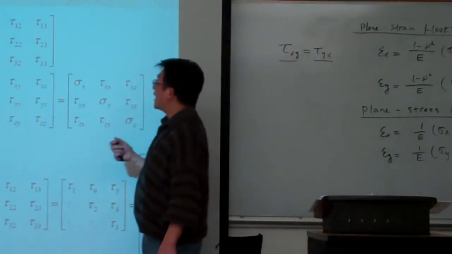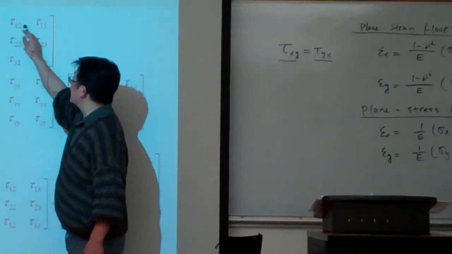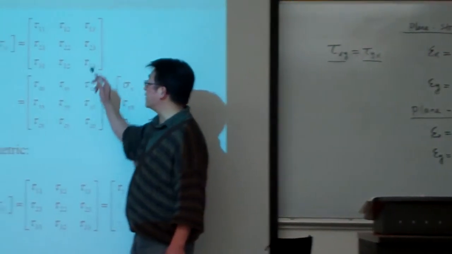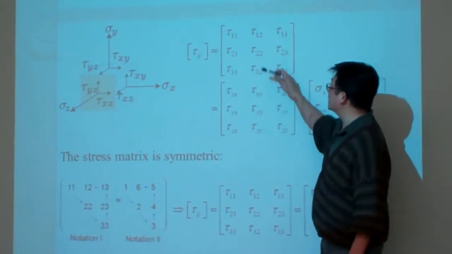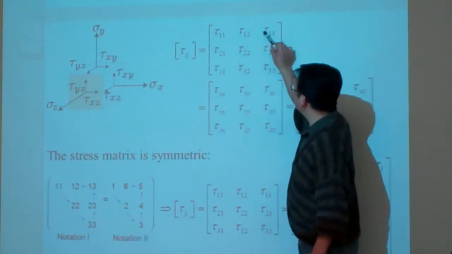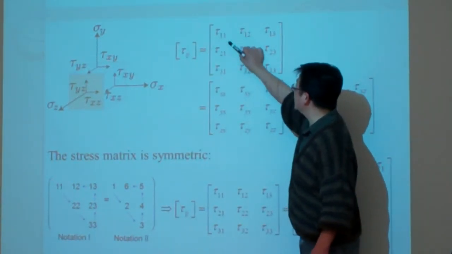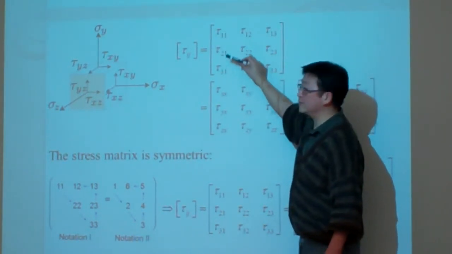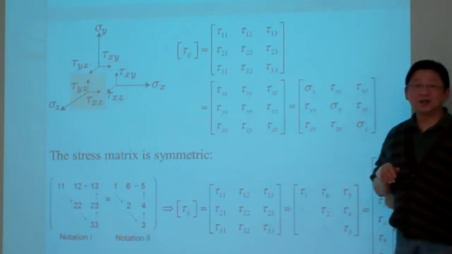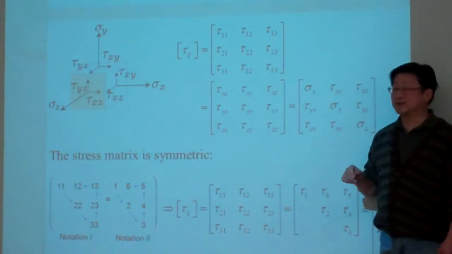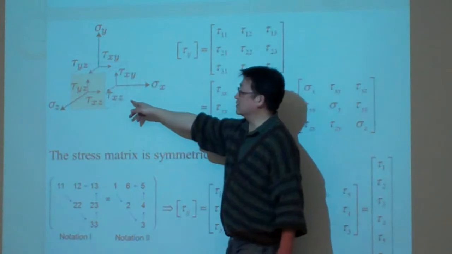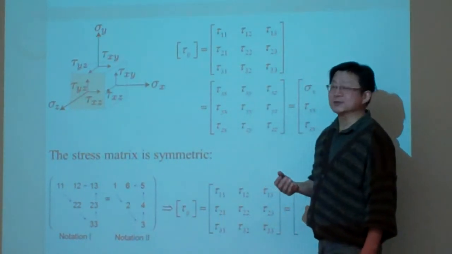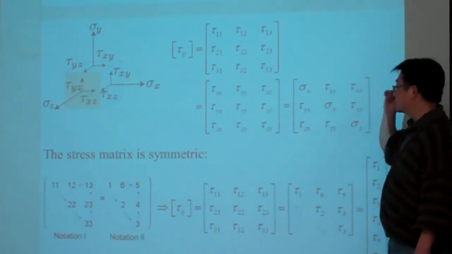So under static equilibrium, out of the 9 components, they should be symmetric. If this matrix is symmetric, that means we only need 1, 2, 3, 4, 5, 6. We only need either the upper triangle elements or the lower triangle elements, at most 6, and we can uniquely represent the state of stress. Okay, so right now I'm talking about the expression of the elements.